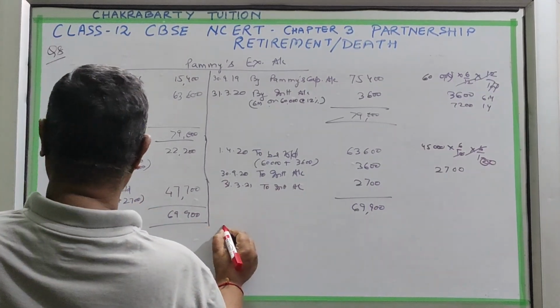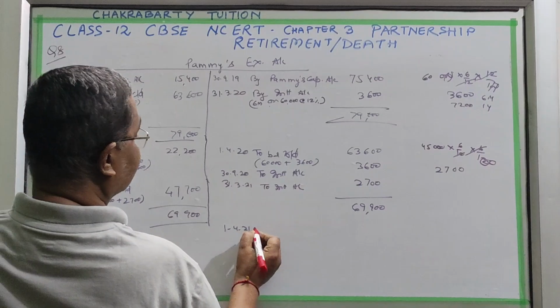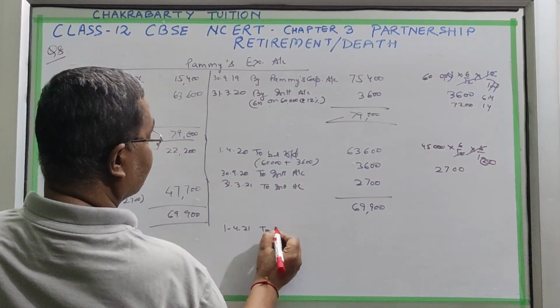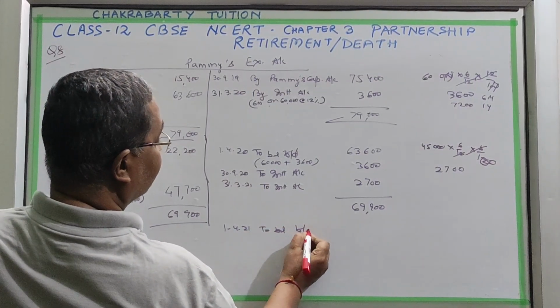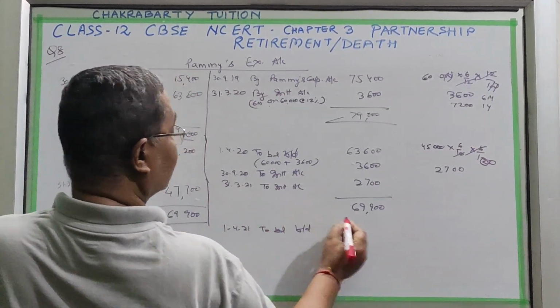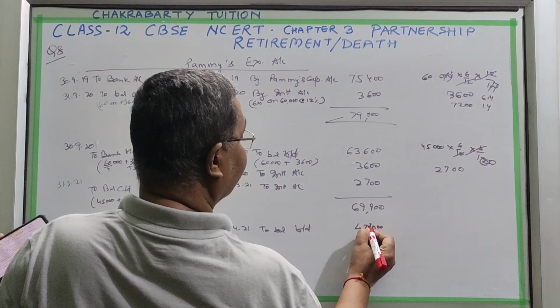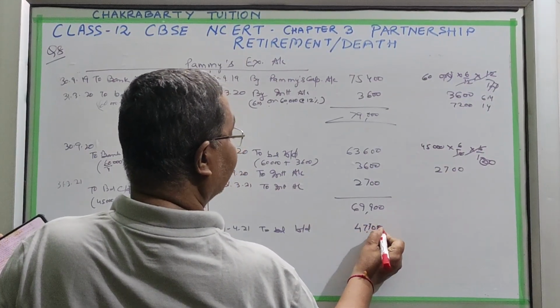So here, 1st April 1/4/21, balance brought down, how much will it come? This amount, 47,700.